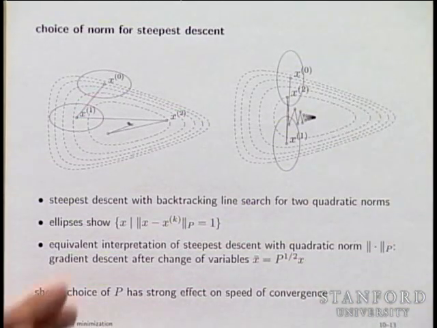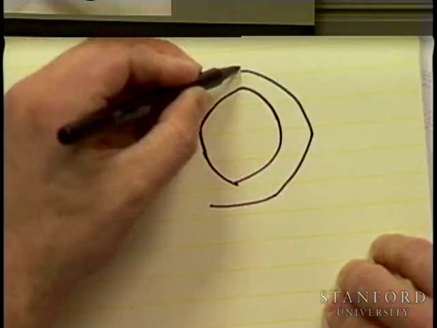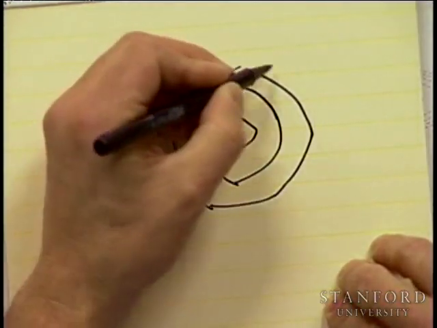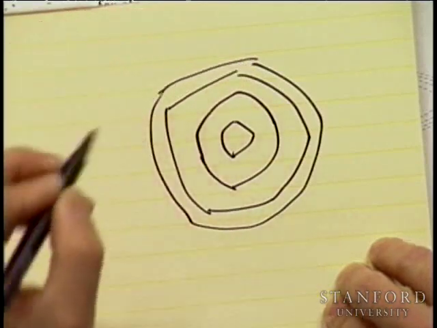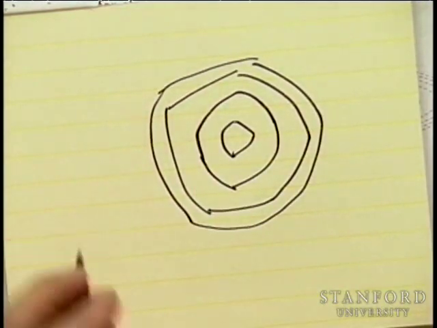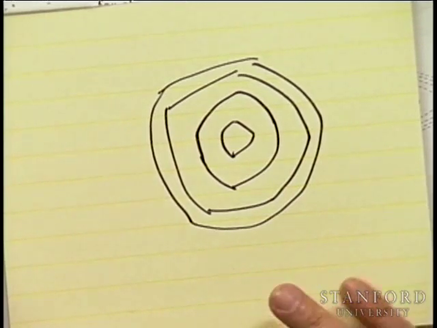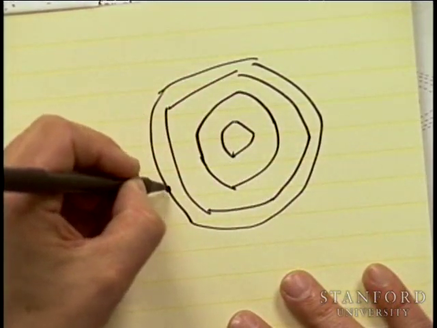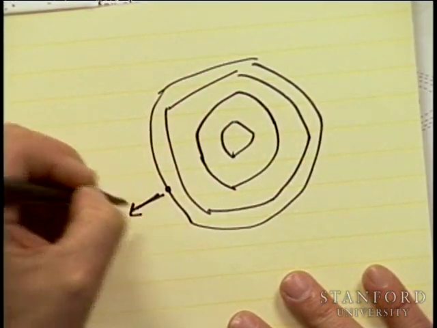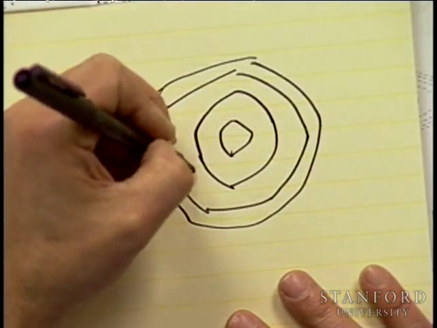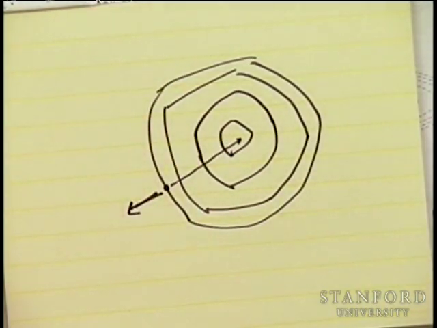Okay? So if the sublevel sets were more or less spherical, like that, how would gradient descent work? Actually, if it were perfectly spherical, it would work flawlessly. The negative gradient would point, if not to the center, to the optimizer, at least very near it.